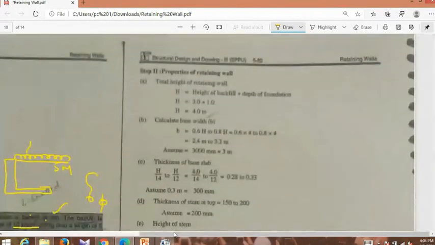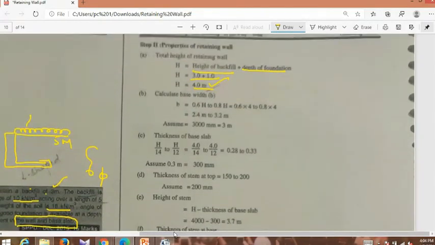Then we have to determine the total height. Backfill height, how much has he given? 3 meter. At what depth will we get a good foundation? At 1 meter depth. On adding both, we get the total height. Then calculation of the base width: according to standard, it lies between 0.6 times h to 0.8 times h. Just substitute the values and choose a value in between.